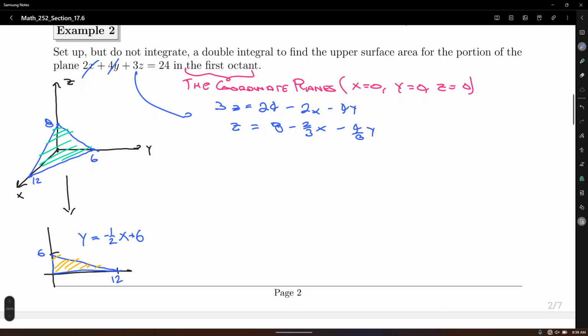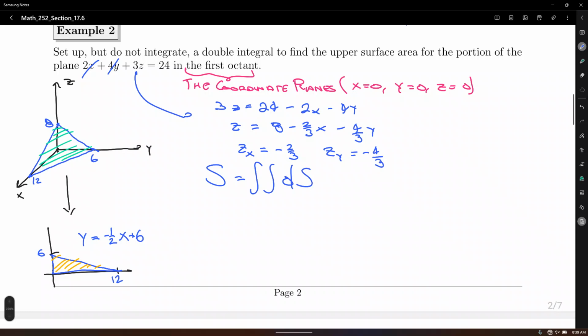The partial derivatives of the surface are pretty easy to obtain. z with respect to x is negative 2/3. z with respect to y is negative 4/3. Let's set up the double integral that calculates the surface area, the double integral of dS.